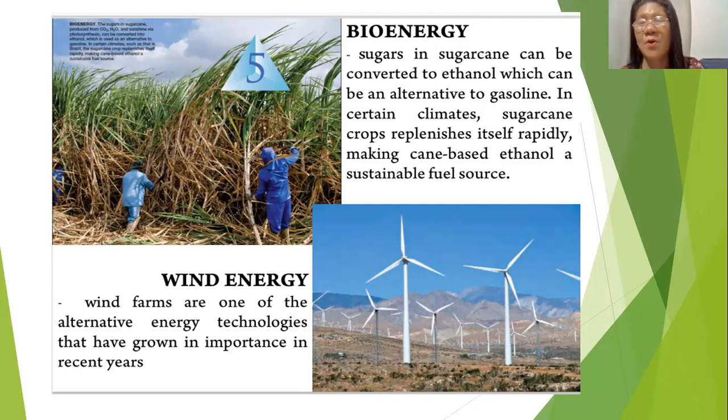That liquid form is now converted into ethanol by means of fermentation. And we already know that ethanol is one of the alternative ways of converting into gasoline, and that is known as bioethanol.